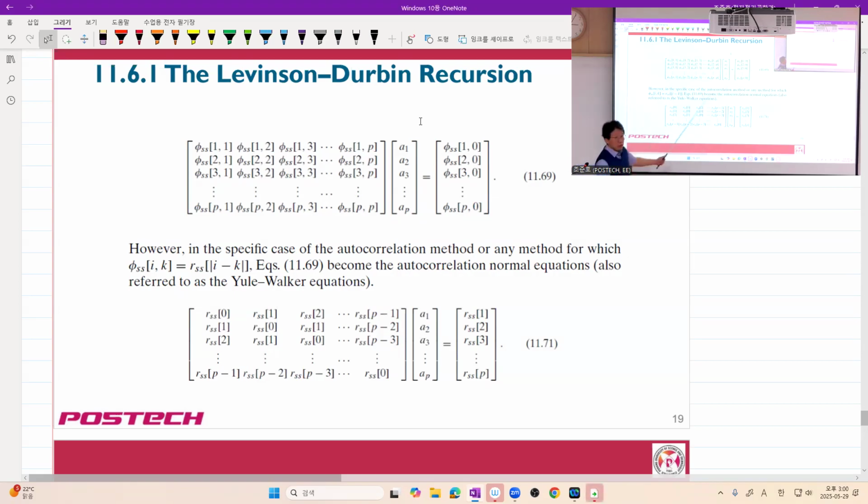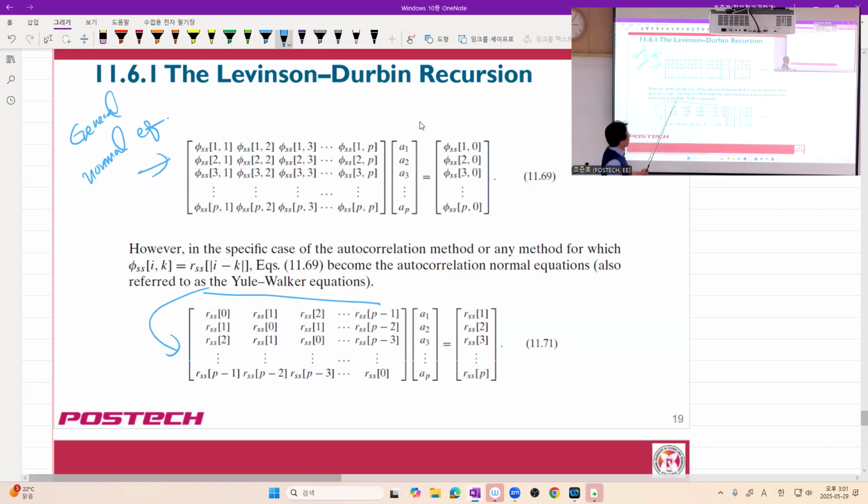And in this case, they have found an algorithm to recursively find these coefficients. And that is the so-called Levinson-Durbin algorithm. Okay, so this is your Yule-Walker equation, and this is the general normal equation. Got it?